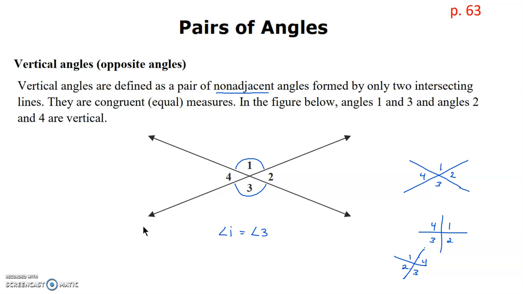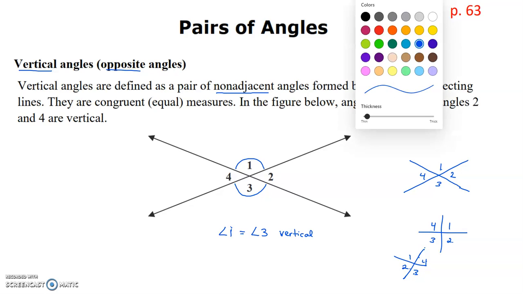Even if we don't know what the measurement is of angle 1 or angle 3, we know that they're the same. And that's really key information for us. And those are called vertical angles. So you can think of vertical as meaning opposite. I know that's not really intuitive, but those two words can be used interchangeably. We need to understand what vertical really means in this context.